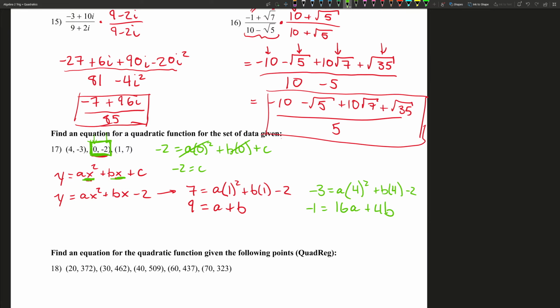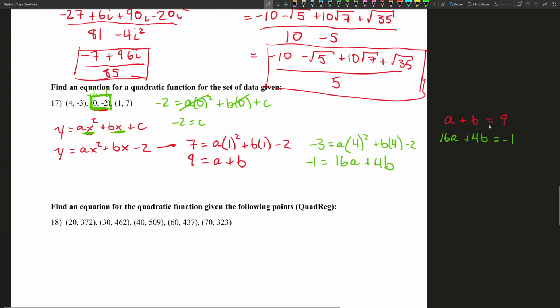And then we have a system of equations which we can solve. I'm going to write this on the right, and you can solve this in any way you want.